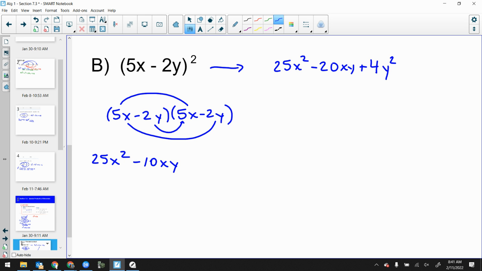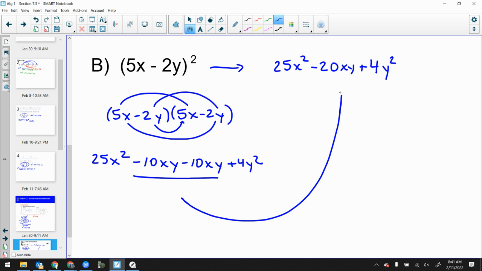Negative 2y times 5x is negative 10xy. Negative 2y times negative 2y is 4y squared, because a negative times a negative is a positive. Then we combine like terms in the middle, and we get the exact same thing as at the top. That's called a binomial squared.